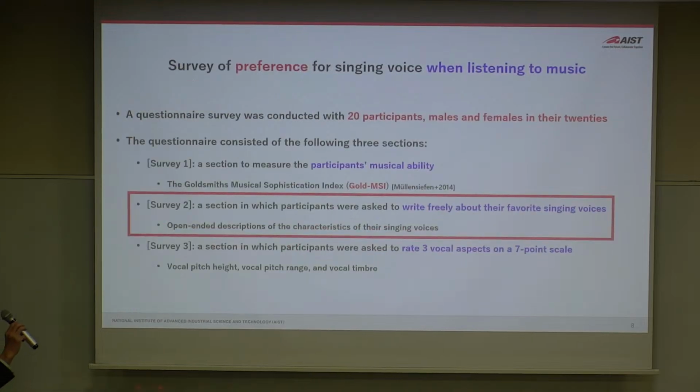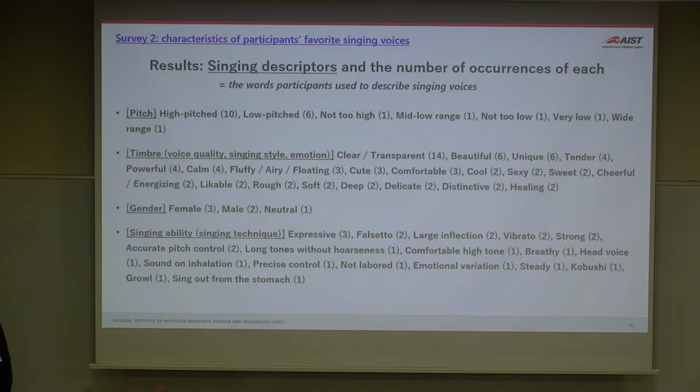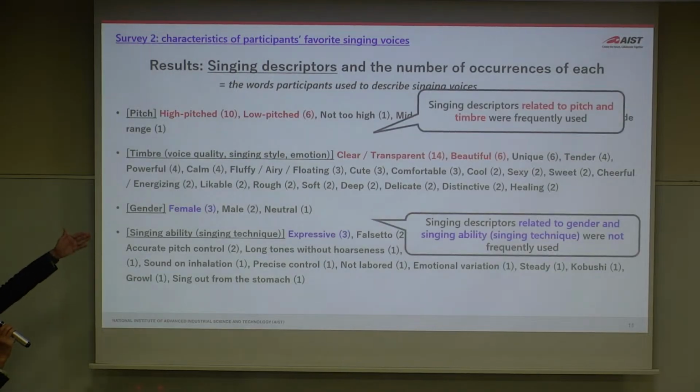Based on these participants, we asked them to write freely about their favorite singing voices, using open-ended descriptions of the characteristics of their favorite singing voices. So these are words participants used to describe their favorite singing voices. We can see the red words, which are singing descriptors.